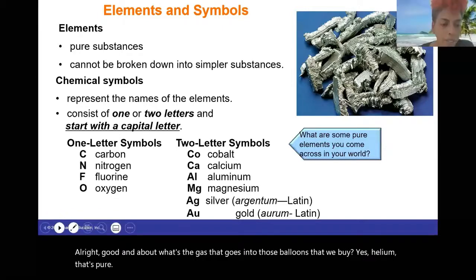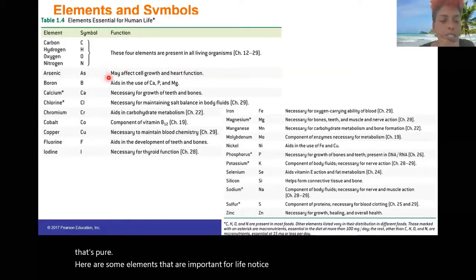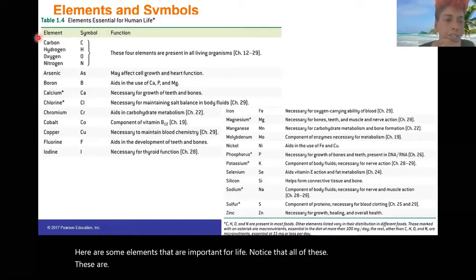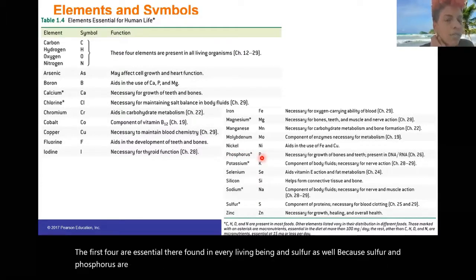All right. So here are some elements that are important for life. Notice that the first four are essential. They're found in every living being, and sulfur as well, because sulfur and phosphorus are found in DNA.